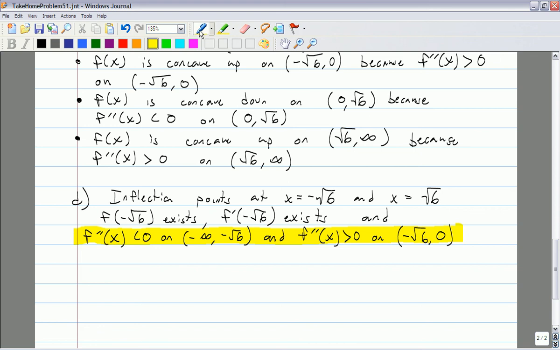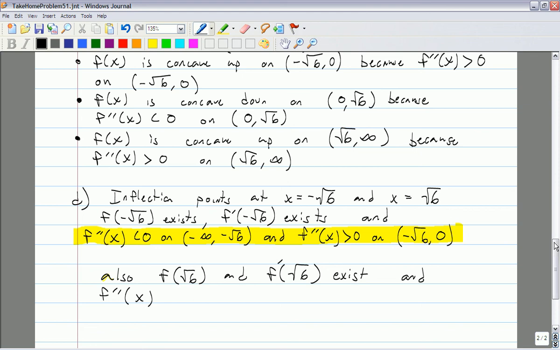I've got a little more. Also, f of root 6 and f prime of root 6 exist, and f double prime of x.